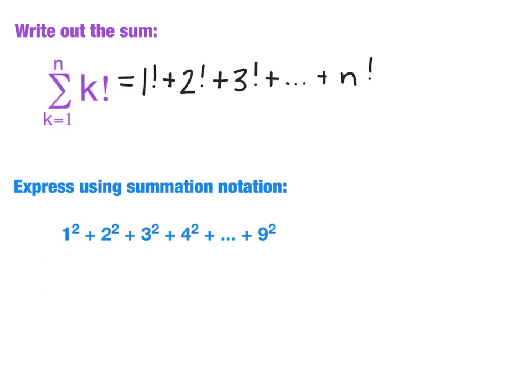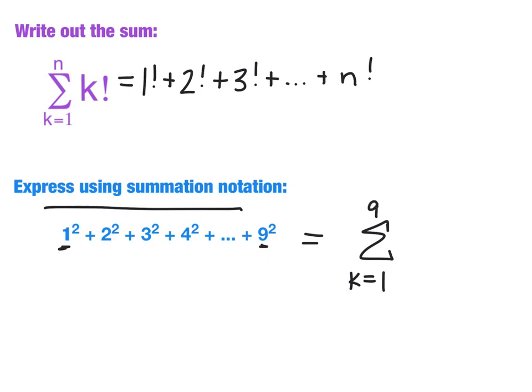So my second problem here is to express using summation notation. And that means that I'm going to have my sigma, and I'm going to have something down here, something up here, and something right here. Now I left it in pretty obvious terms, but let's figure this out. So I start with 1, so I know my k is going to be 1, and I actually end with 9, which is different than ending with n, so it's going to be finite.